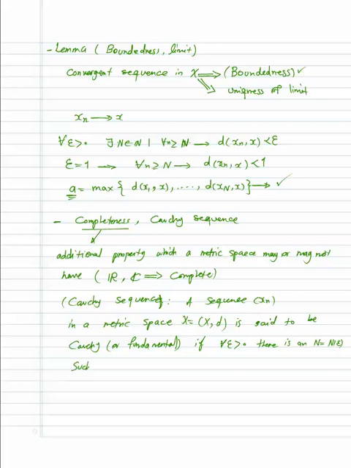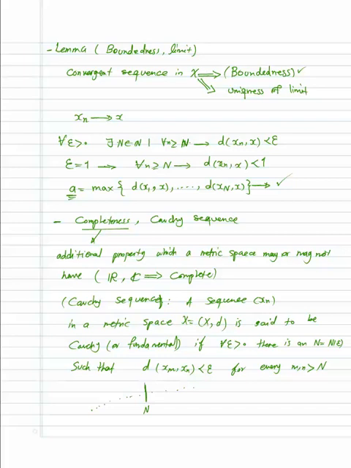such that the distance between xm and xn is less than epsilon for every m and n greater than n. It means that if you have points of the sequence here, assume that this is the n that we mentioned.